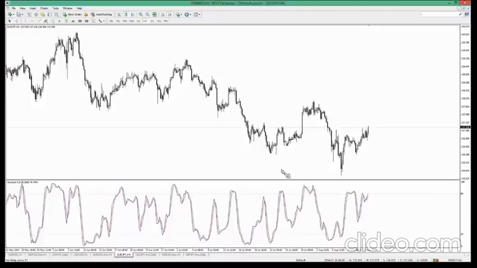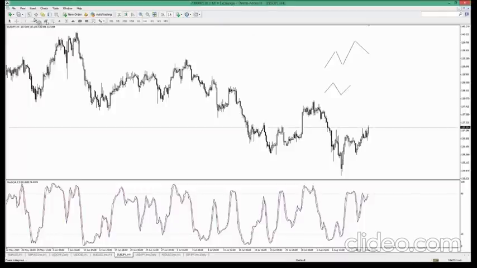However, the reverse divergence is slightly different. What we're looking for here, instead of price making either a higher high or a higher low, so in the case of price making a higher high like that, but the indicator doesn't follow suit, so it forms a high here, but then makes a lower high.